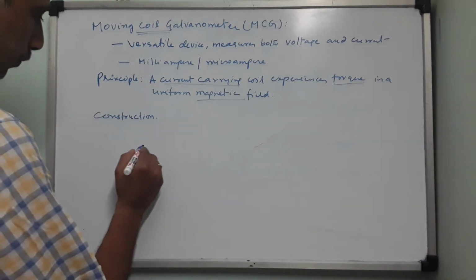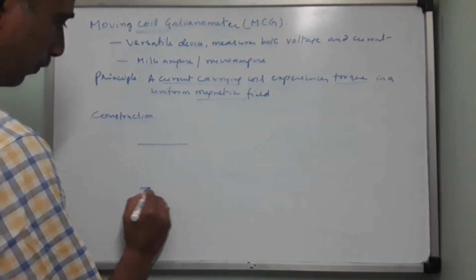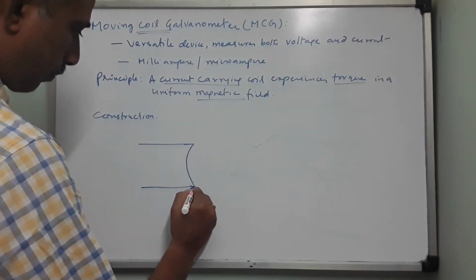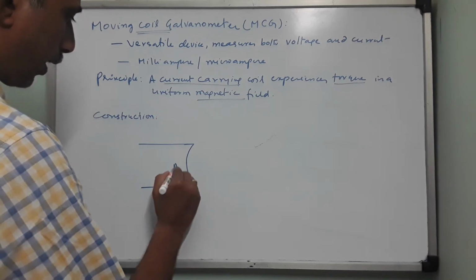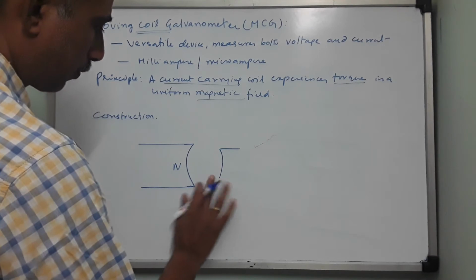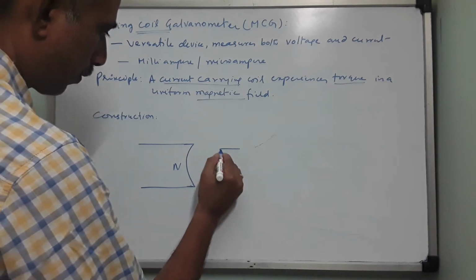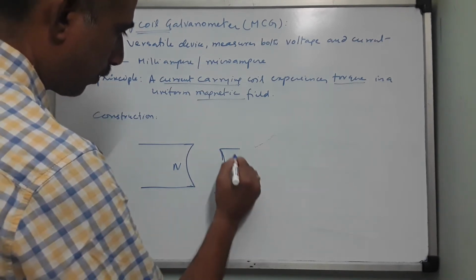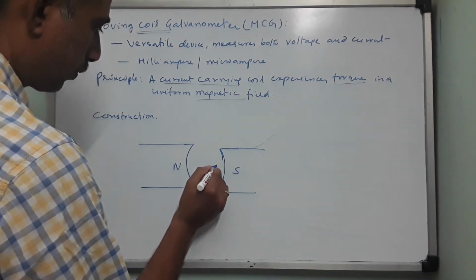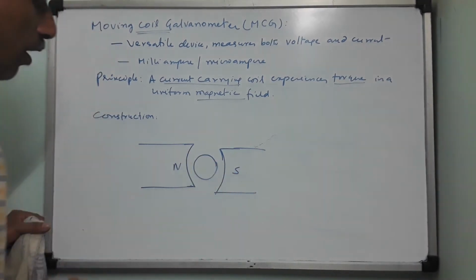So we have a north pole here, south pole here, and here is the soft iron cylinder.